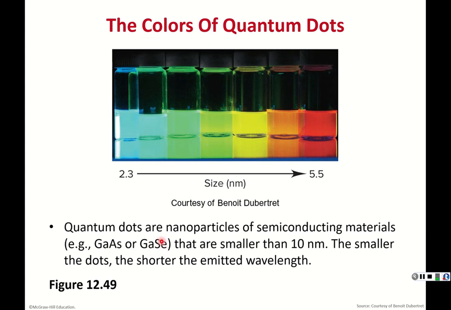They're nanoparticles, which means they're small, smaller than 10 nanometers. The smaller the dot, the shorter the emitted wavelength. So you can see up here the size, 2.3 nanometers to 5.5, and the varying colors. You can basically get all the colors of the rainbow out of these dots.